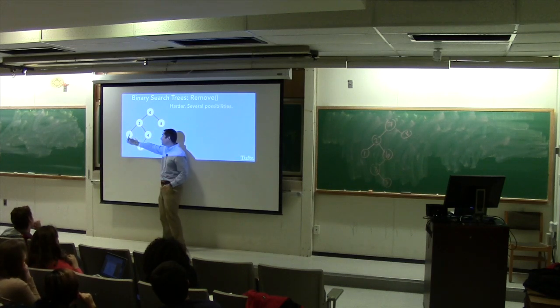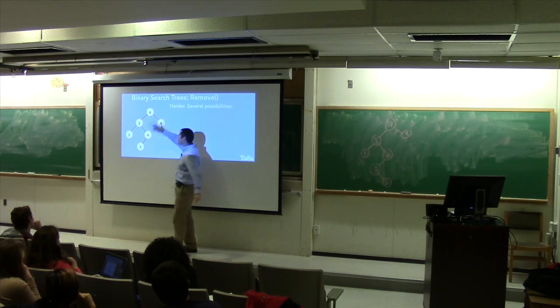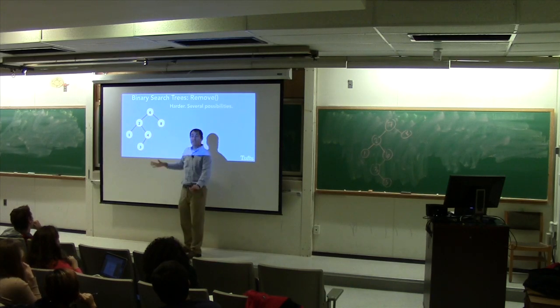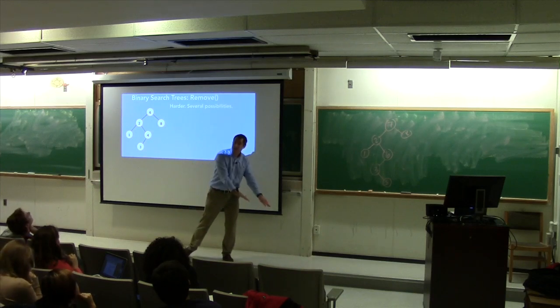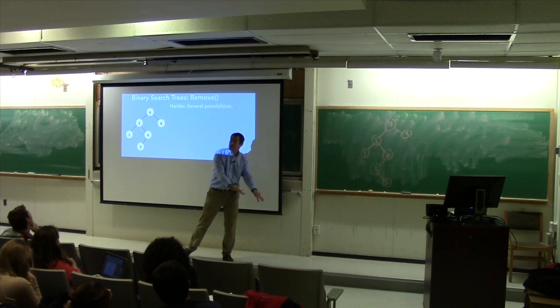What's special about the greatest one in the whole tree? We already said that in order to find the greatest one, we go all the way to the right, and then what happens? By definition, there can be no more to the right. You have found the one that's the farthest right of that subtree.